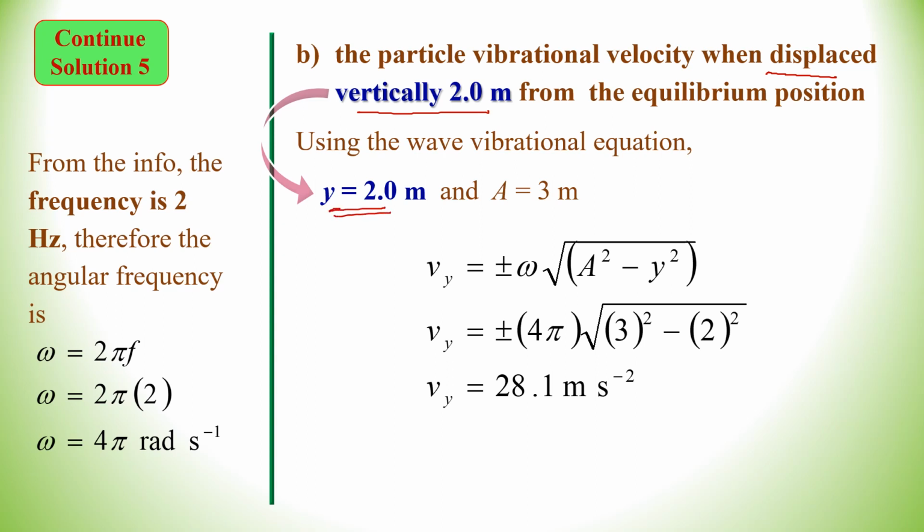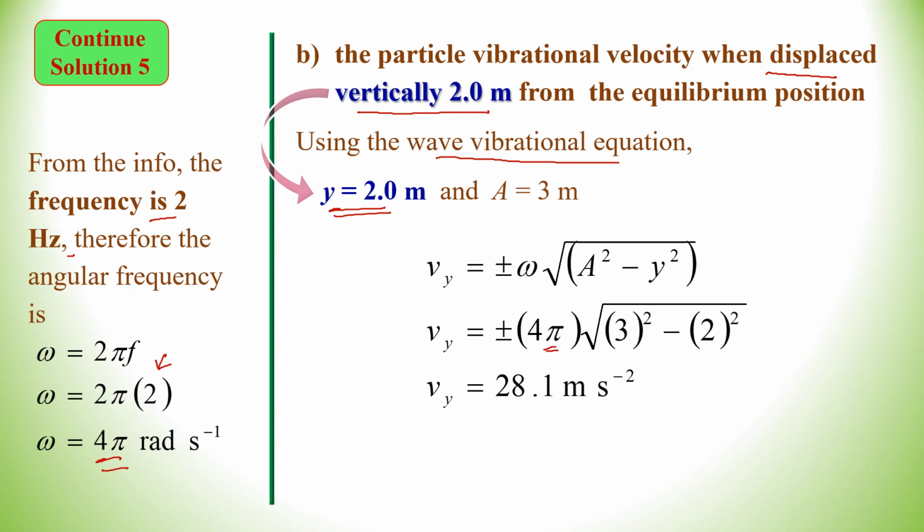Using the wave vibrational equation, we have Vy equals plus minus omega square root of amplitude squared minus y squared. Omega is the angular frequency, 2 pi f. Substitute f with 2, then you get omega 4 pi radian per second.